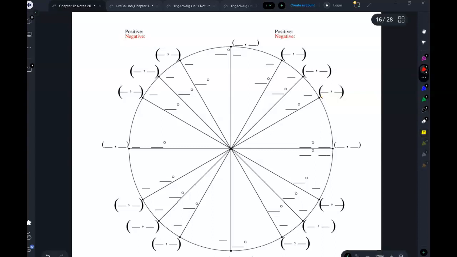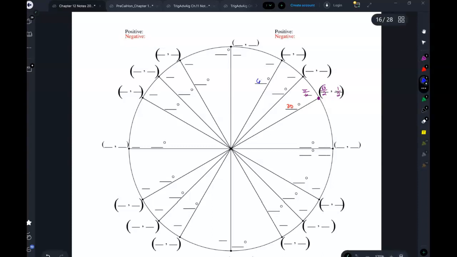However, if this is the 30-degree angle, the radian equivalent is pi over 6. So how do I get to this point? To get to this point, I have to go longer horizontally and shorter vertically.